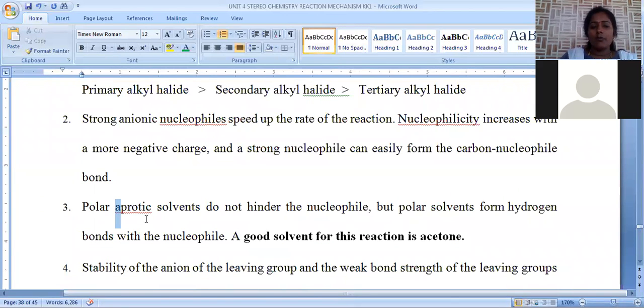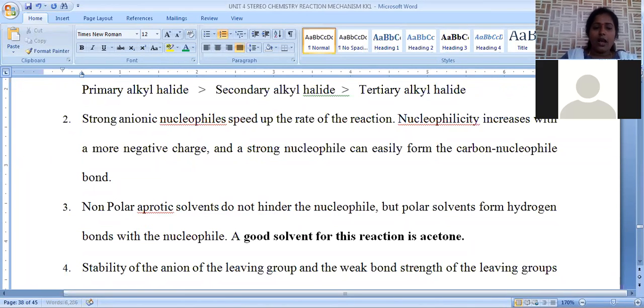Aprotic means no protons or no H plus ions in it. So non-polar aprotic solvents are preferable for this type of SN2 mechanism, whereas for the SN1 mechanism, what is required? A polar or protic solvent is required.